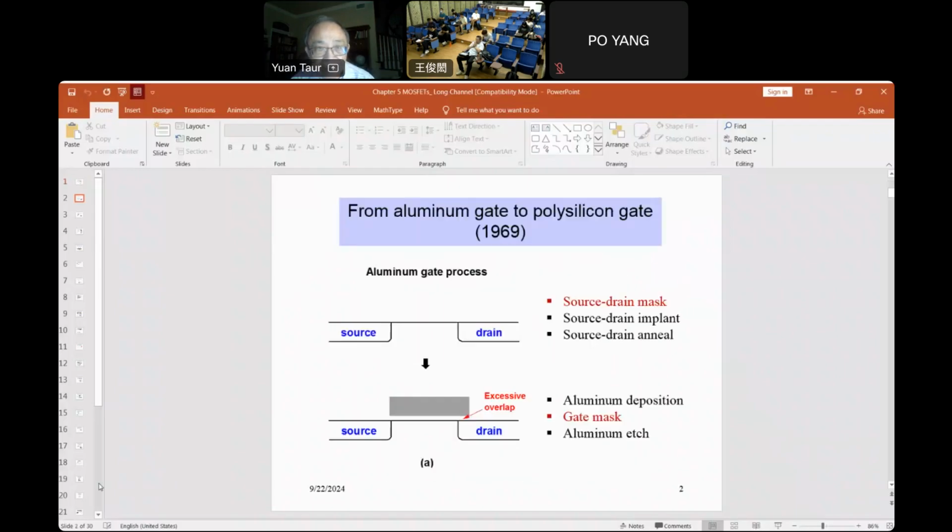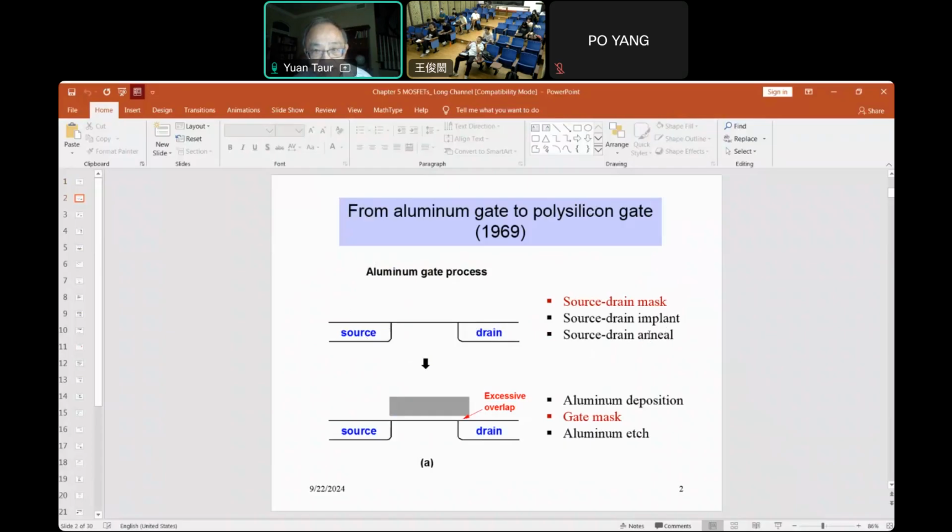Okay, so first let me just make a historical remark. This is a milestone in MOSFET development, 1969. Before that, it was aluminum gate. Now it's polysilicon gate. That's a major advance, because with aluminum gate, you have to do the source drain first: the source drain mask, then the source drain implant, and then you anneal.